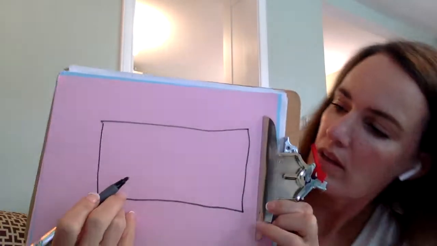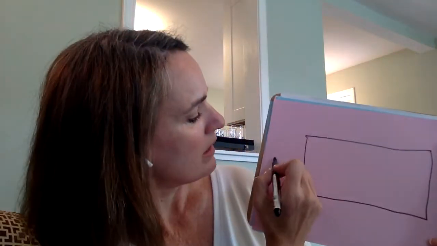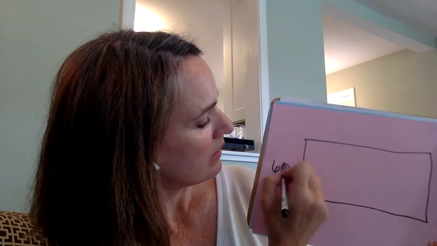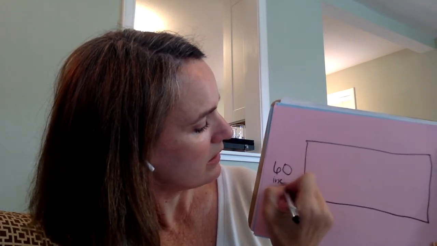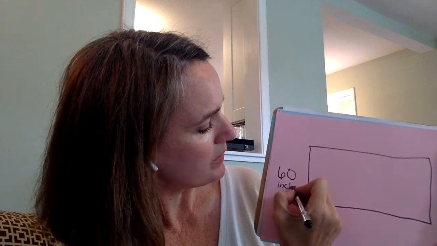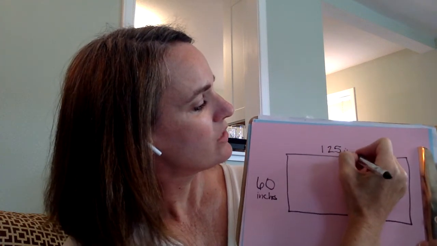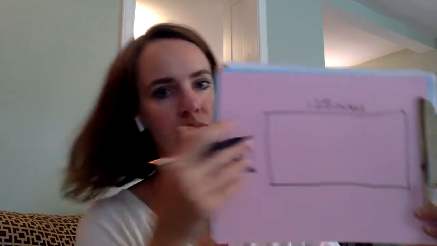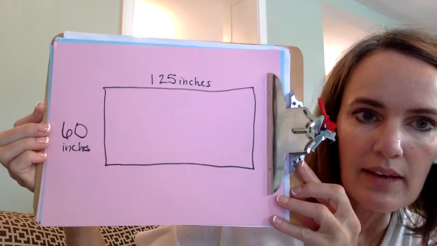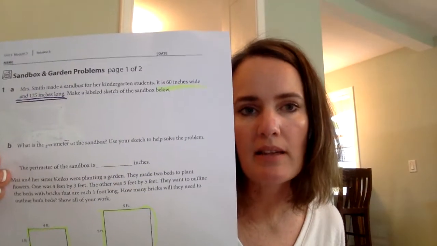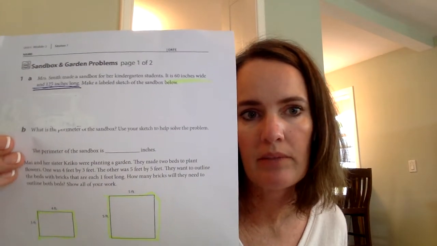So I'm going to make it longer than it is wide, and then I'll label it. 60 inches wide, and 125 inches long. Okay, now you're going to do that right here in this space. I just did it so it was a little bit bigger.